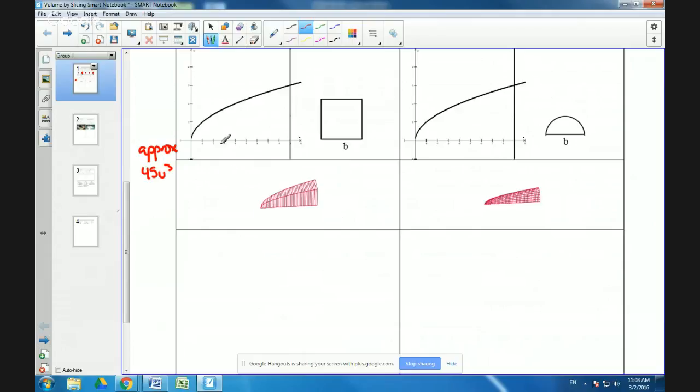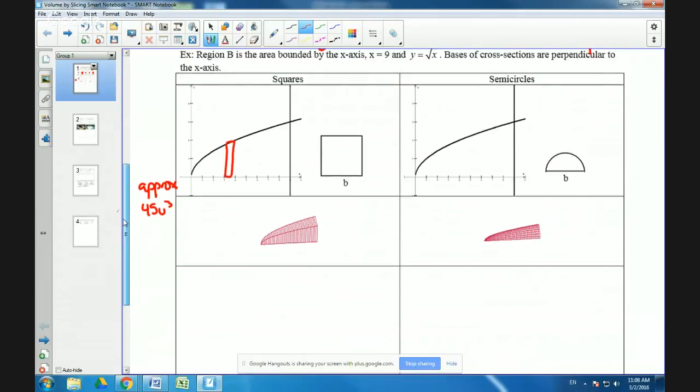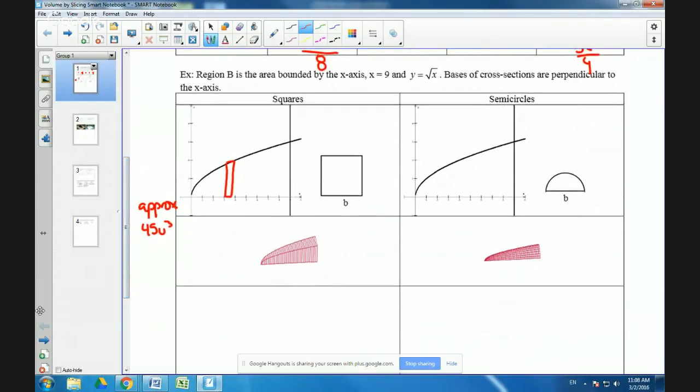Okay, so the questions are going to be asked in a specific manner. Region B is the area bounded by the x-axis of this region, and here's the x-axis, x equals 9, and the function square root of x. So that's this whole region in here.